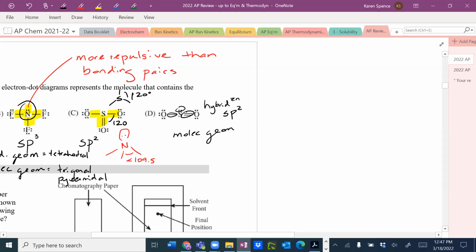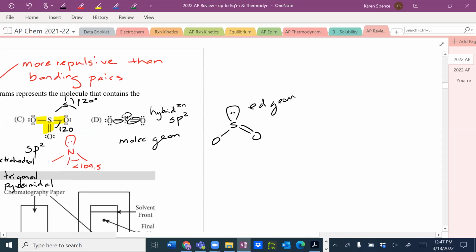The electron domain geometry is trigonal planar because we would have sulfur like that, but then if we take out the lone pair, the molecular geometry is bent.